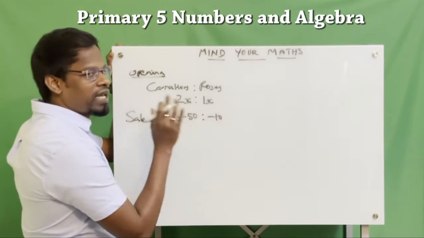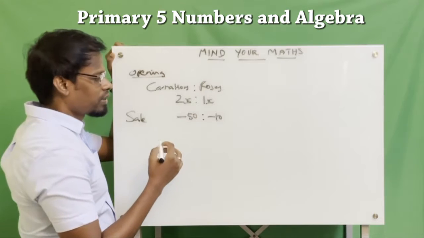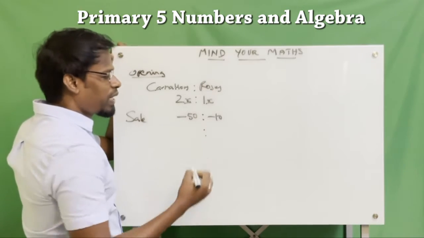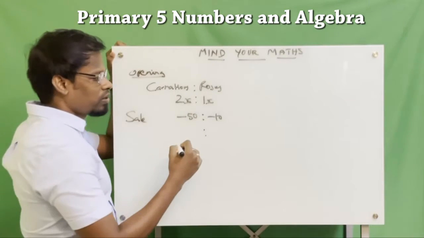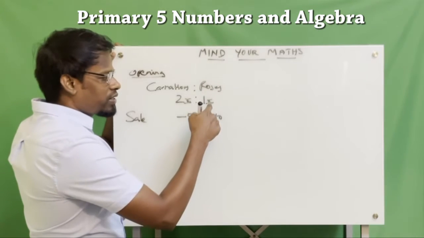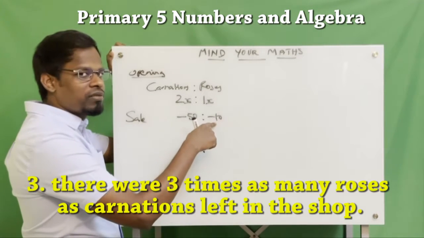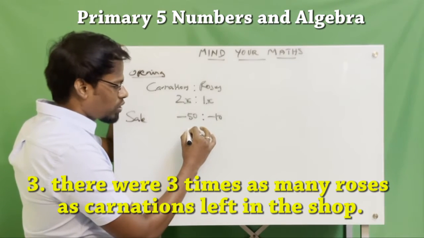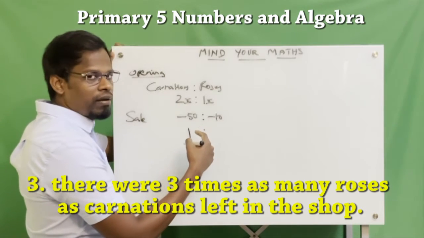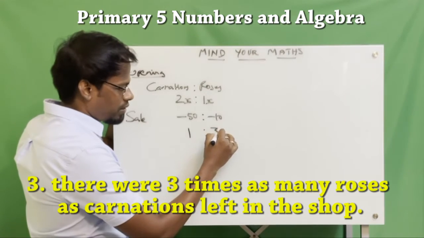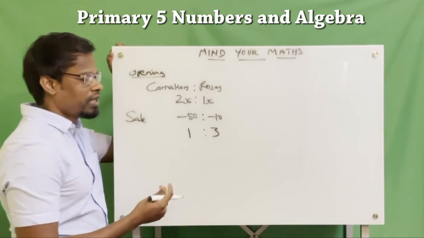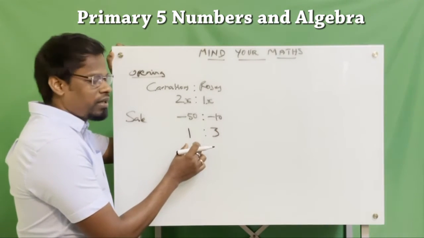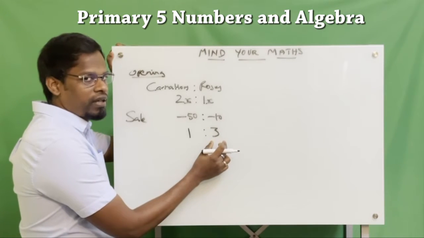After the sale, the roses became more. Because it is changing, the roses were 3 times the carnations, which means the carnation was 1 and the roses were left 3 times. 1:3. So for every 1 carnation, there were 3 roses left in the shop.